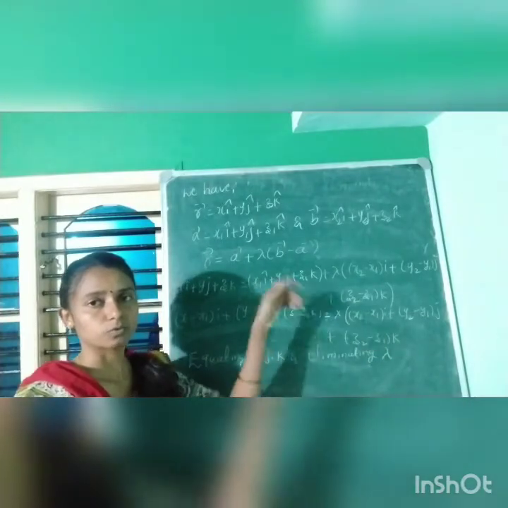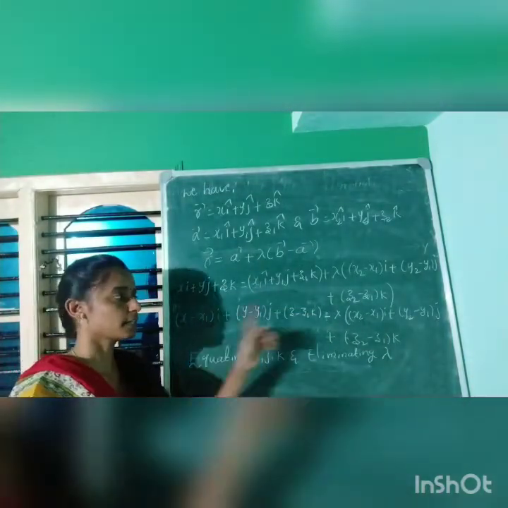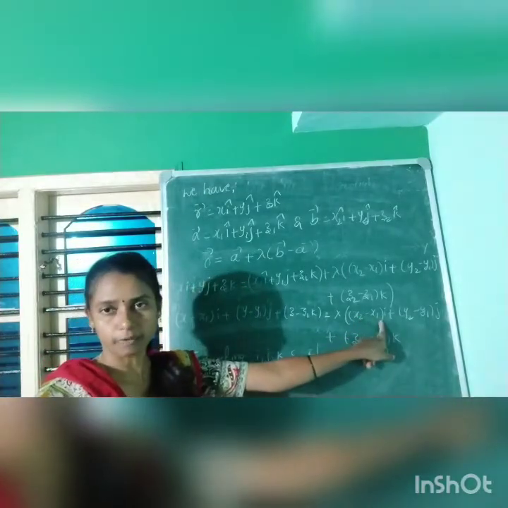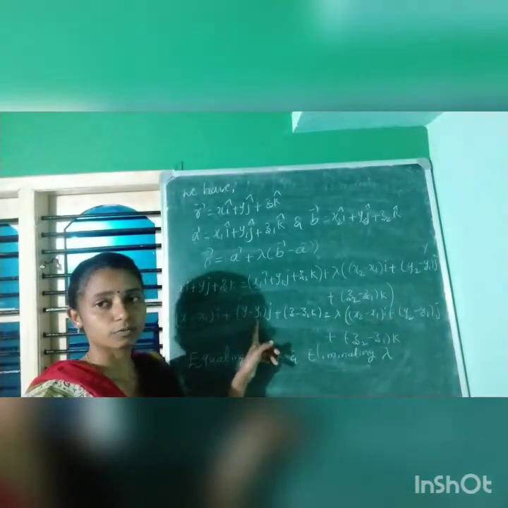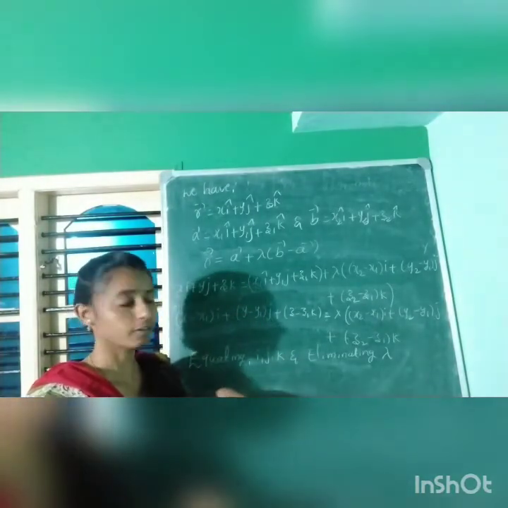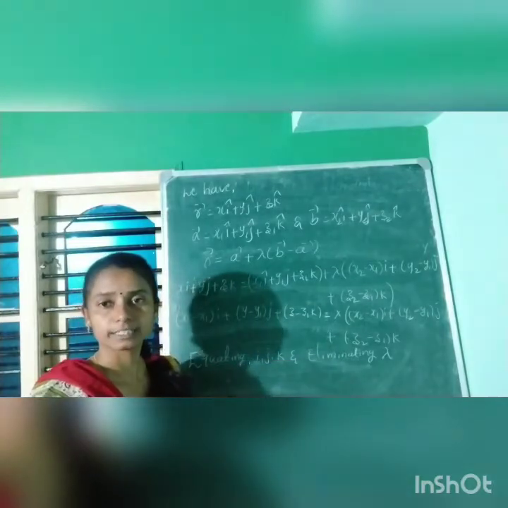If you compare the ijk components on both sides, you will get x minus x1 divided by x2 minus x1, which is also equal to y minus y1 divided by y2 minus y1, which is equal to z minus z1 divided by z2 minus z1.